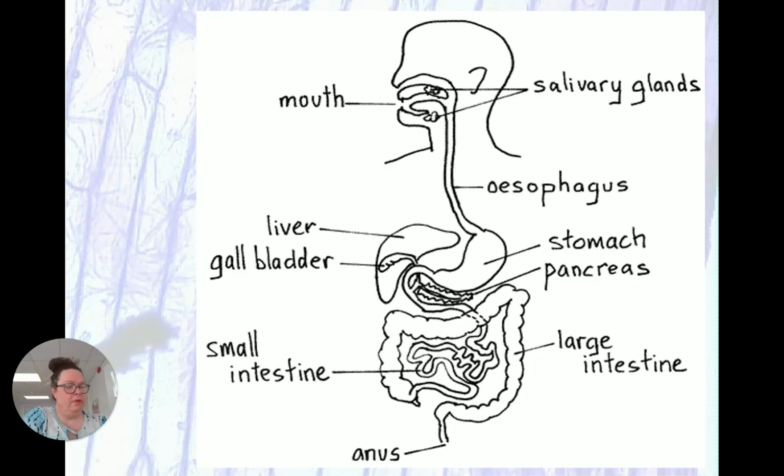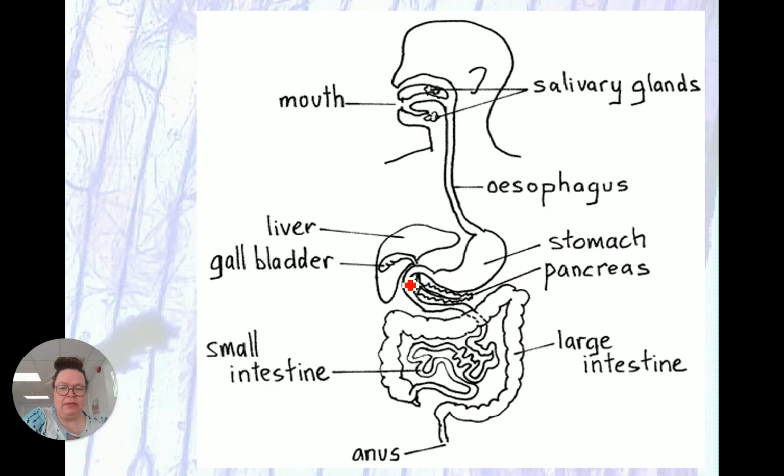So we've got the mouth up here with the salivary glands, one under the tongue and one up there above the tongue. Okay, we've got our tube that brings the food to the stomach, that's called our esophagus. Then we've got our stomach here. This is like an elastic bag which churns up the food.